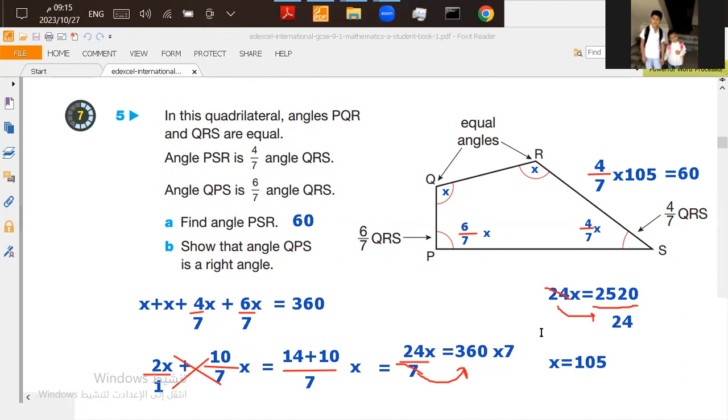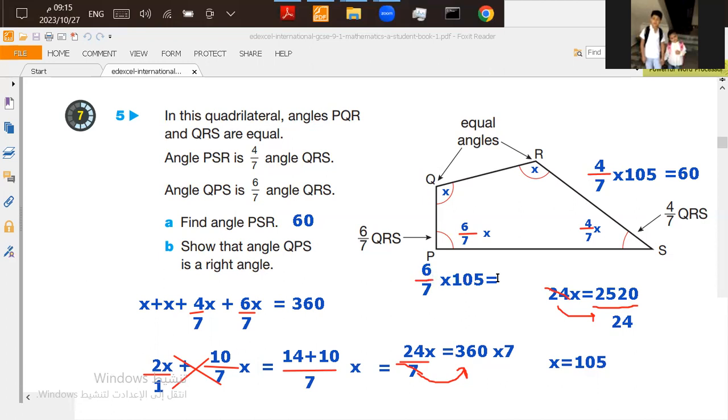How do you do that? You're going to take the 105 and put it here, and then multiply it by 6 over 7. So you're going to say 6 over 7 multiplied by 105, and the answer that you will get will tell you if it's a right angle or not.